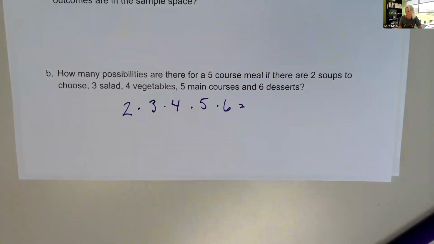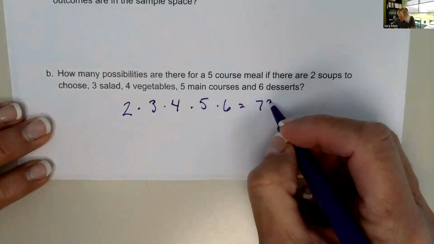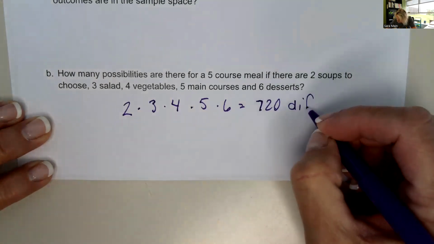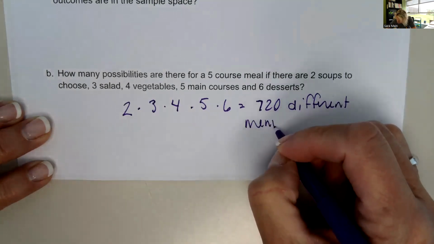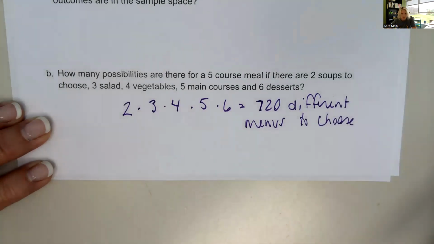So we're going to go to Desmos and multiply those. And that tells us that there are 720 different menus to choose.